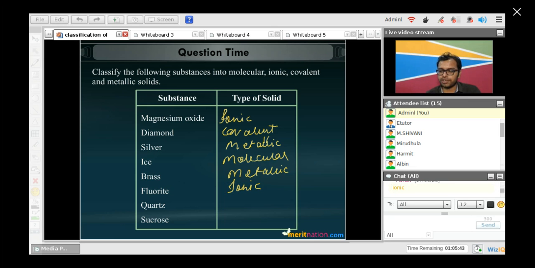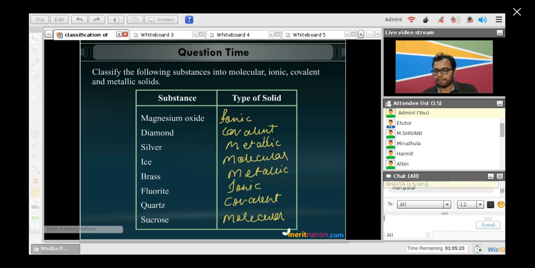What about quartz? Quartz is what kind of solid? We have just studied it is a covalent solid. And sucrose? Sucrose is what kind of solid? It is a molecular solid, non-polar.